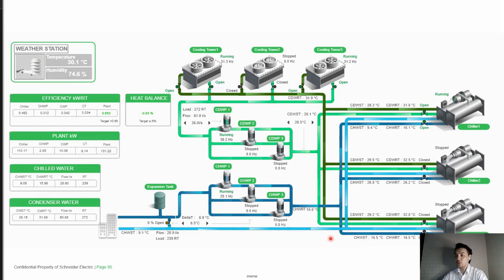You can see the whole process very clearly in a graphical view like this. You can break it down into equipment as well as your plants, your chilled water equipment. You can customize how you want to view all your equipment. And all this is tied to the weather station as well, so you can see it from a dashboard view here.